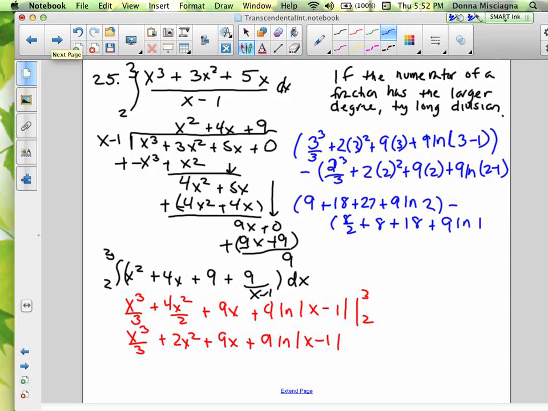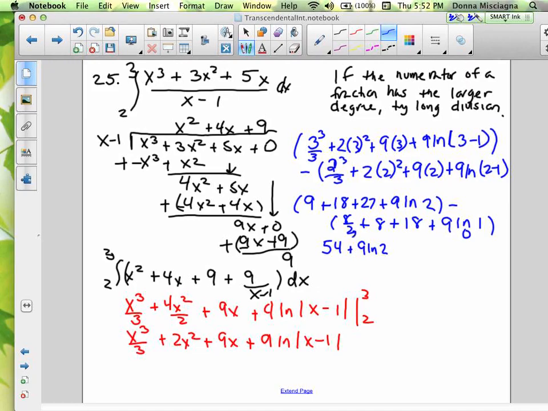And what do you have to raise e to get 1? That's 0, right? So this whole thing here is big old fat 0. And so now let's simplify. All right, so we have 27 plus 27, 54, plus 9 natural log of 2.